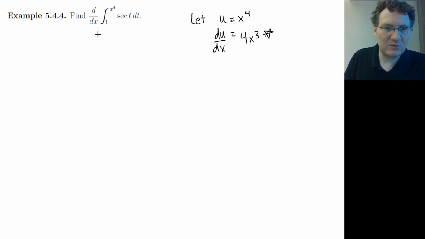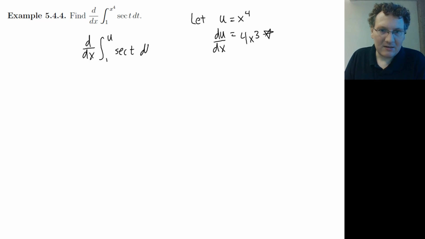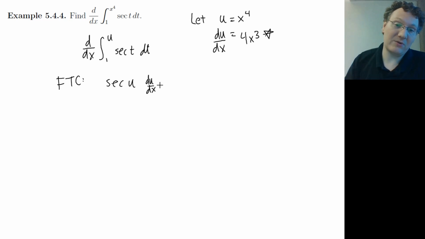So I'm going to write this as d over dx of the integral from 1 to u of the secant of t dt. The fundamental theorem of calculus says we're going to get the secant of u times du dx because of the chain rule.